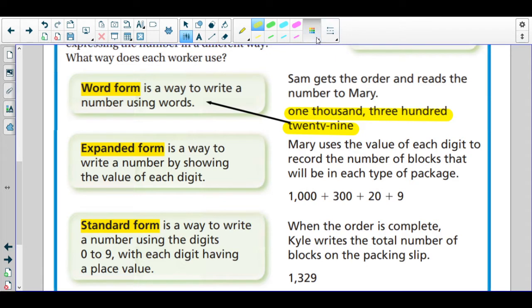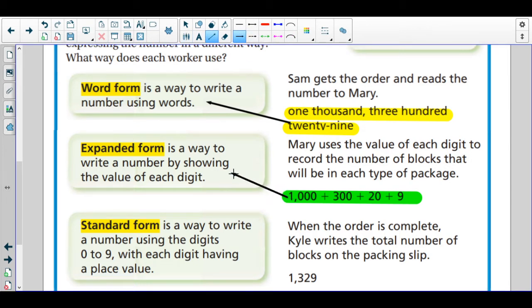Mary uses the value of each digit to record the number of blocks that will be in each type of package. And she writes 1,000 plus 300 plus 20 plus 9. And that is an example of expanded form.